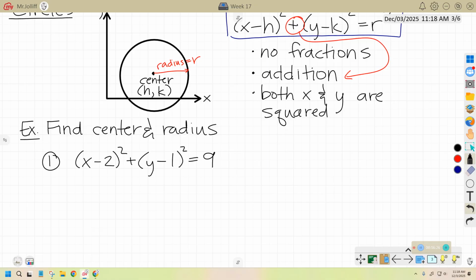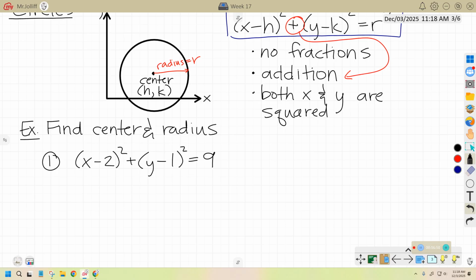So I want to find the center and the radius for my circle. And the standard form equation for this circle is (x minus 2) squared plus (y minus 1) squared equals 9. So I know that the three important numbers, one is attached to x, one is attached to y. Those are the coordinates of my center.